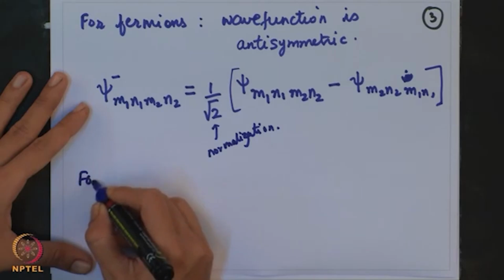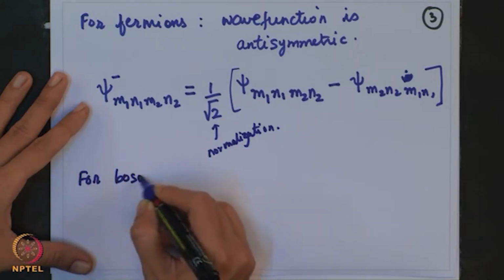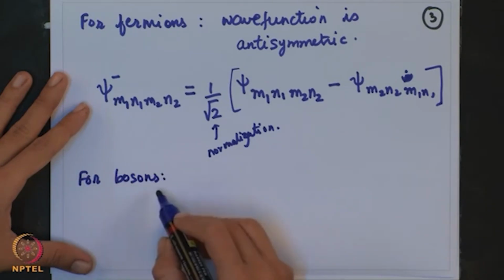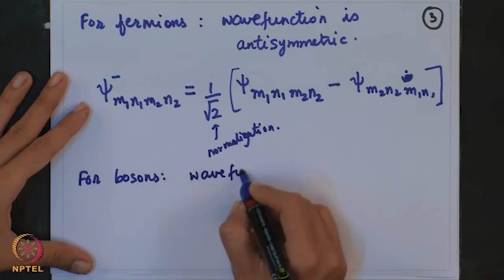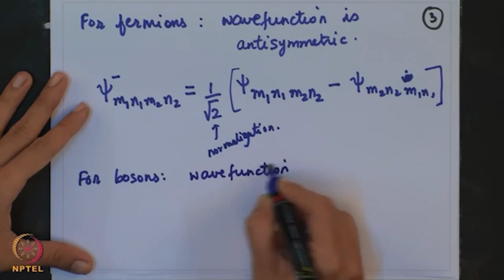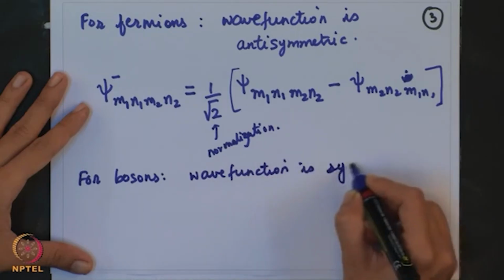For bosons, if the two particles are bosons, then the wave function is symmetric.